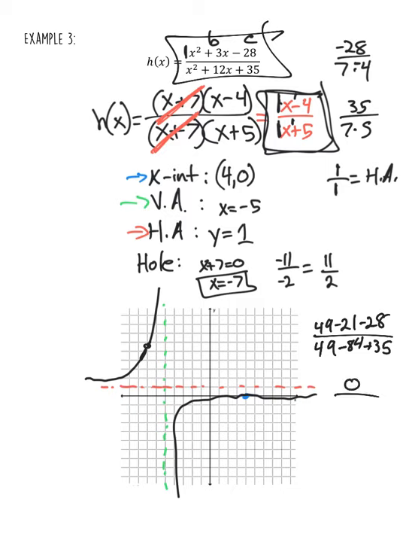On the bottom, 49 minus 84 is -35, and then plus 35 would give me 0. 0 divided by 0 is undefined. You can't divide anything by 0, but you definitely can't divide 0 by 0. So that's why you get this hole in the graph there.